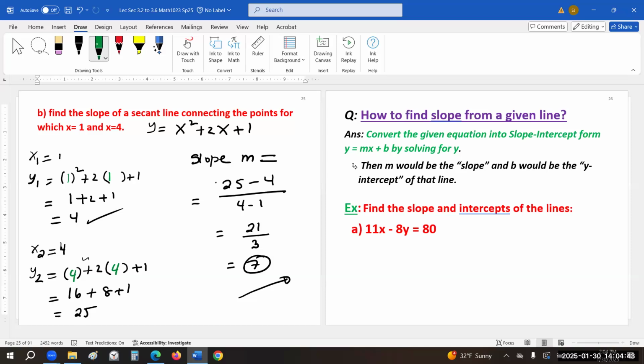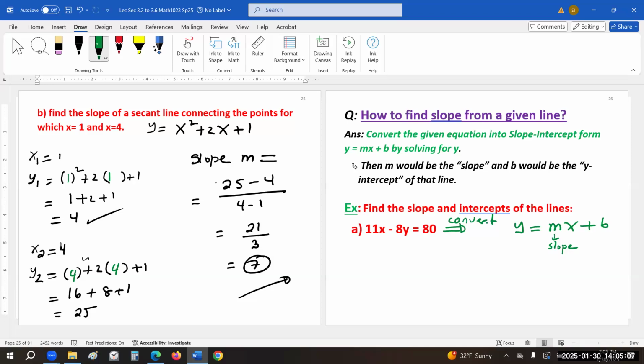So we are going to convert this into y equals mx plus b. Why? Because this m is the slope we are looking for. And when you solve for y, we get the b automatically.